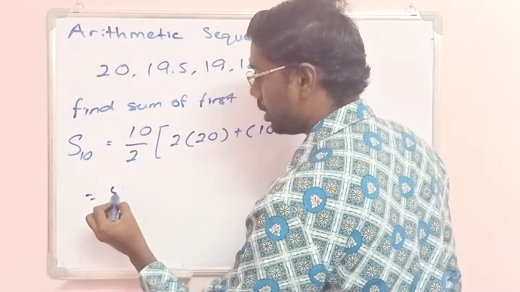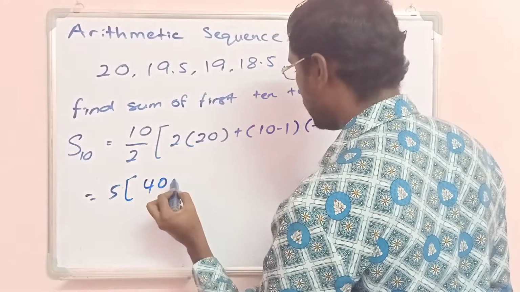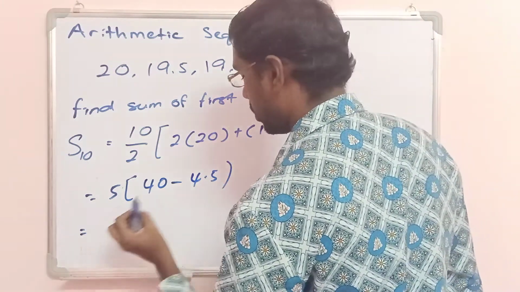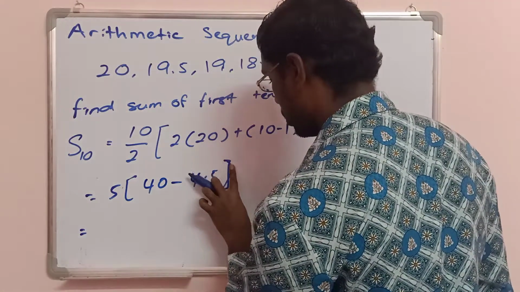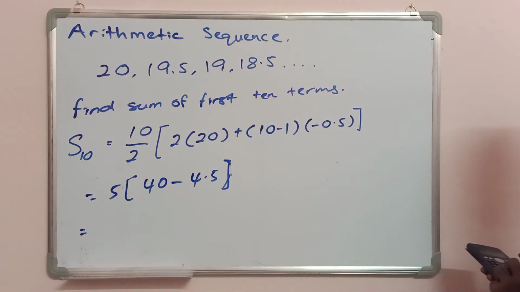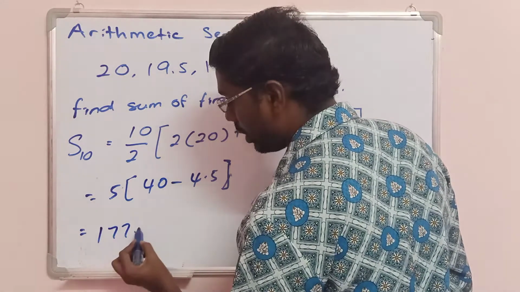So it's going to be 5 times (40 minus 4.5), which is 177.5.